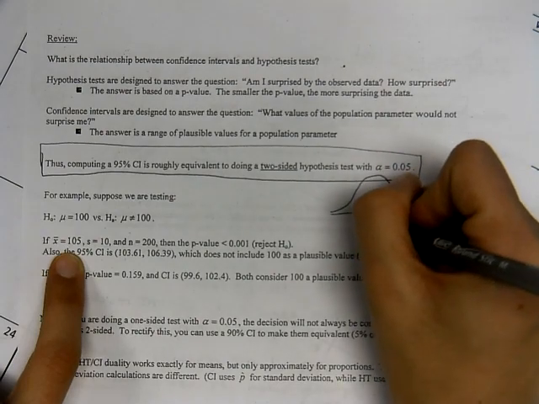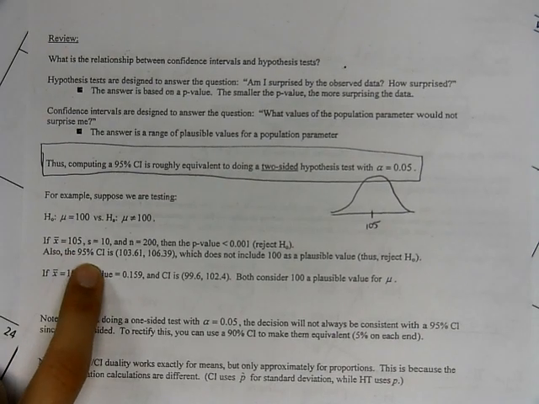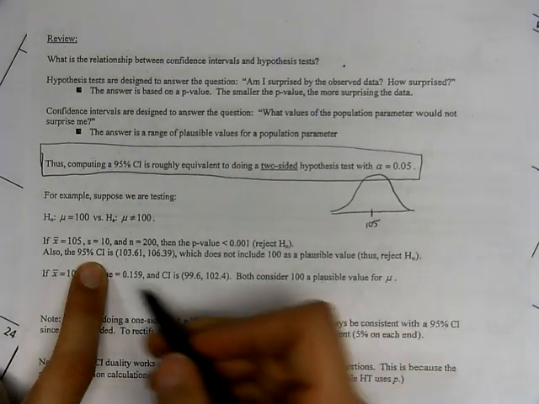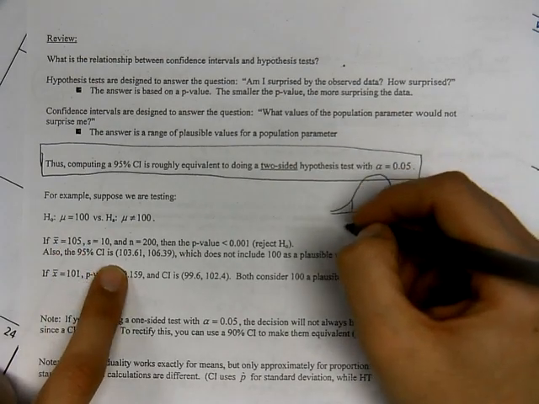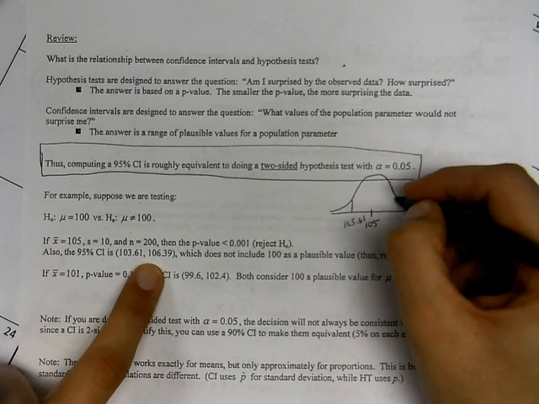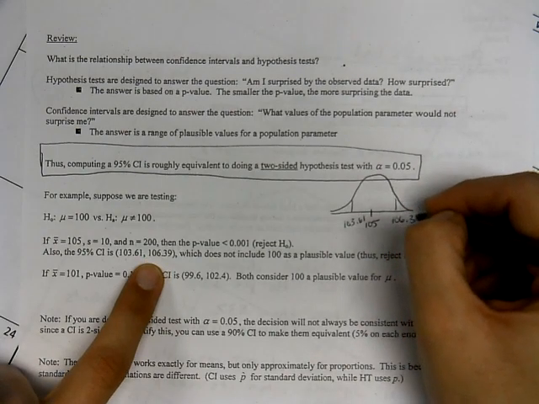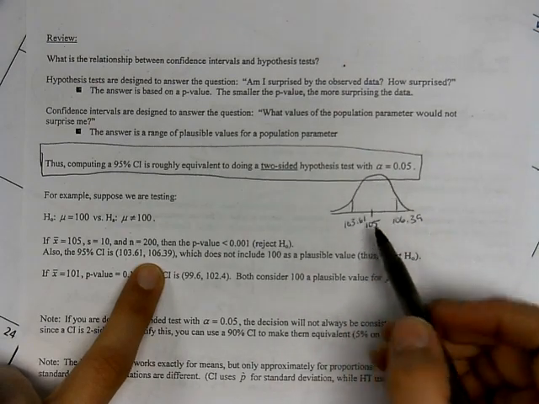That would go right in the middle. If you're doing a 95% confidence interval, you're saying the middle 95%, if this is true, is from 103.61 to 106.39. So your 95% confidence interval is the middle.